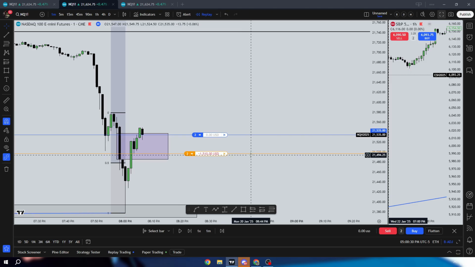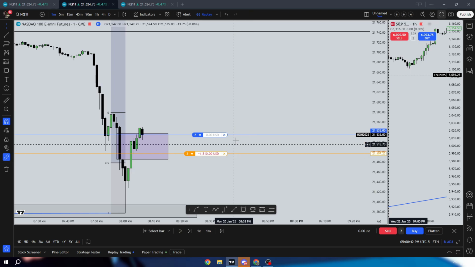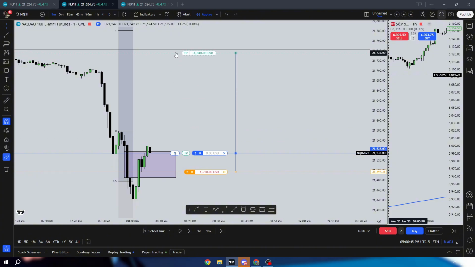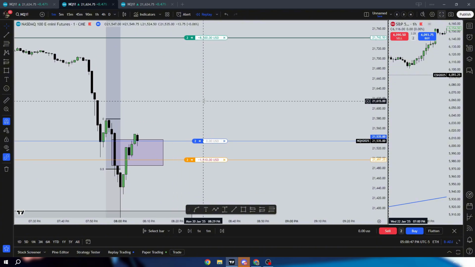Now, since this is during Asia session, it is more likely to consolidate, but this was just the first example I could find of a SMT. So I'm going to move us to the higher time frame to watch this play out in action. I'm just going to aim for these highs right here. And let's see how that goes.